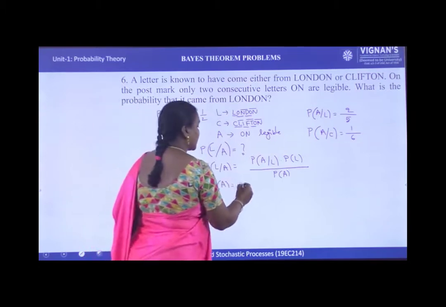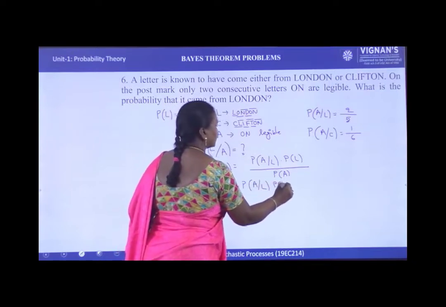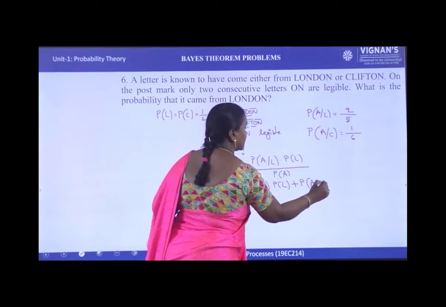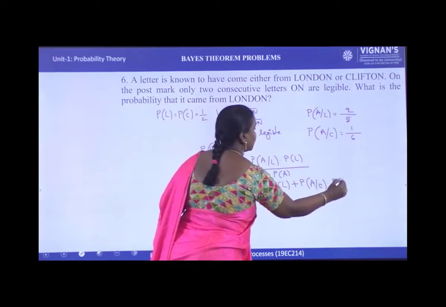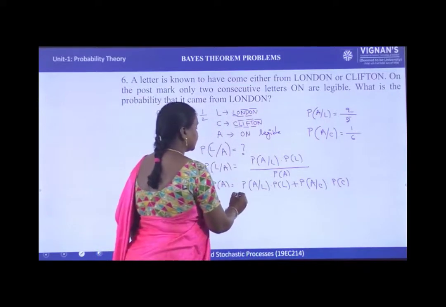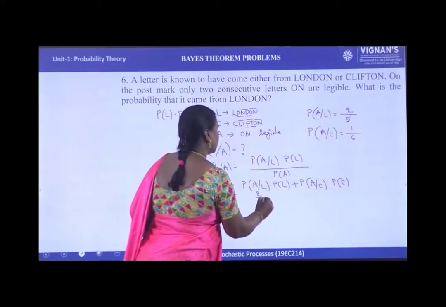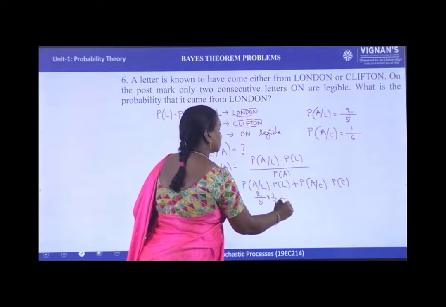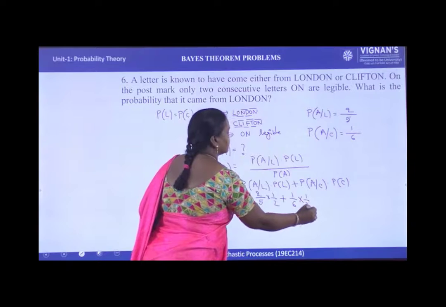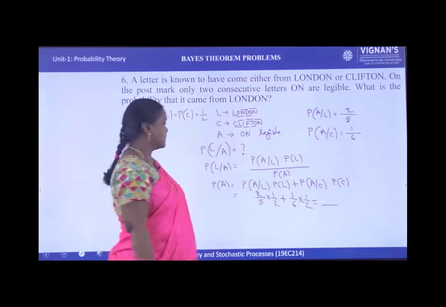It can be from London, and the probability that it is from London, plus P of A by C, Clifton, and the probability that it is from Clifton. By substituting, 2 by 5 into 1 by 2 plus 1 by 6 into 1 by 2. So this will give you the probability of legibility.